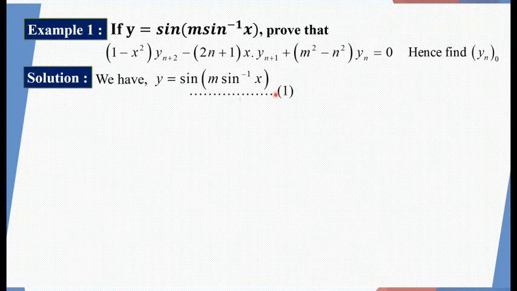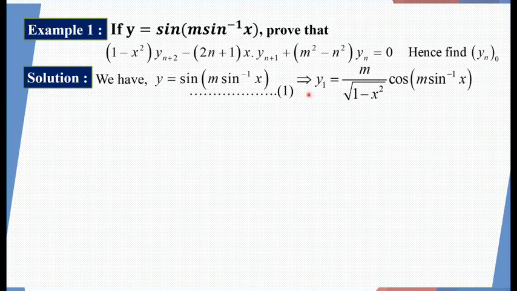So let this be equation number 1. So when we differentiate it, this y is converted into y1. The differentiation of sin is cos(m sin inverse x) into the differentiation of m sin inverse x. So m is the constant and the differentiation of sin inverse x is 1 upon root of 1 minus x square.